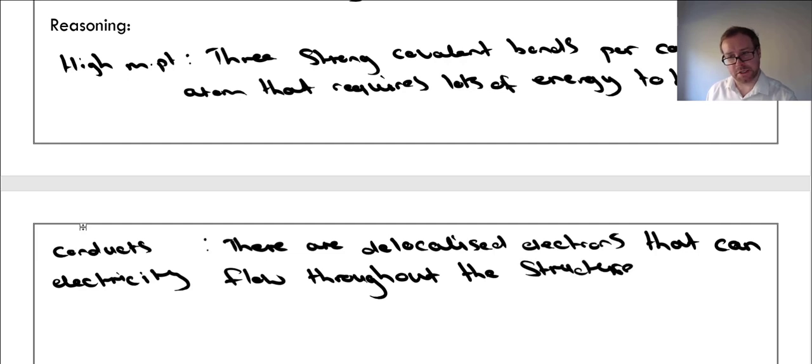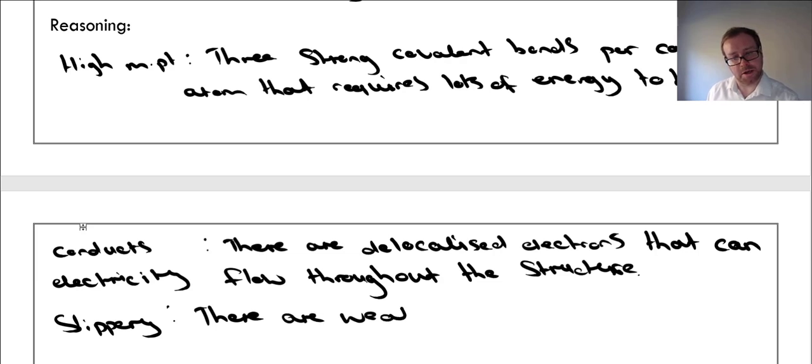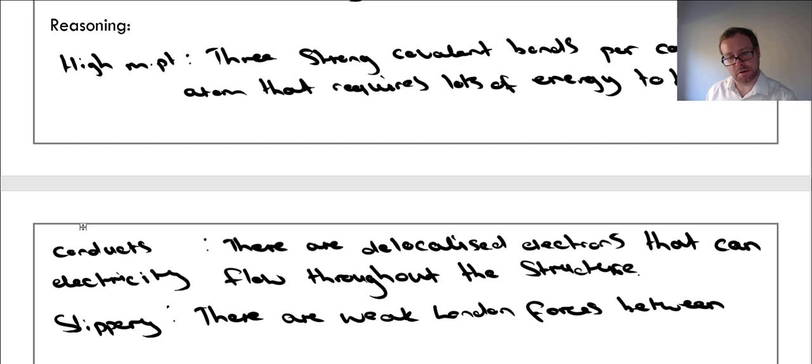And what else we got? It's slippery. And it's slippery because there are weak London forces between each layer that are easy to break so the layers can slide over each other.